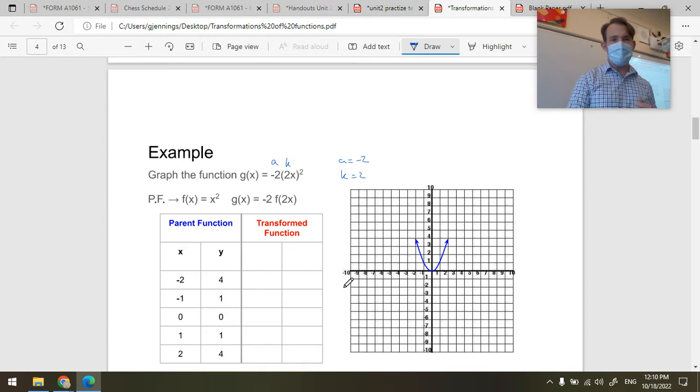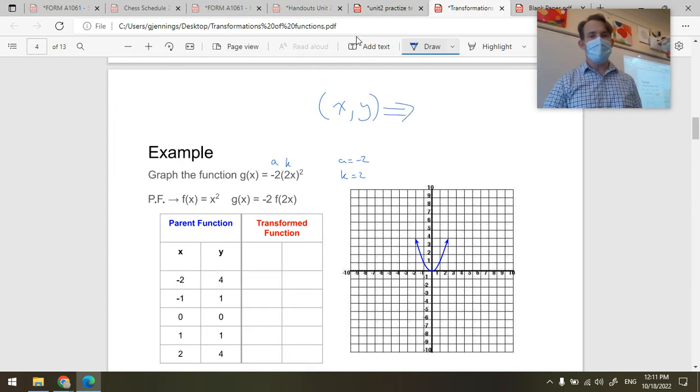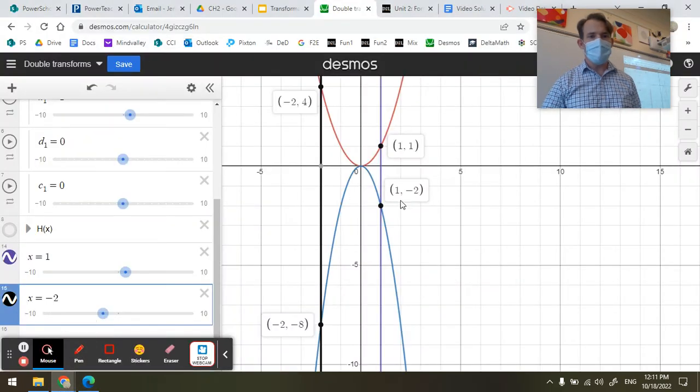When I have a point (x, y) in my parent function and I want to find the point in the transformed function, I take my a value and multiply all of my outputs by negative 2. That's what we were seeing in this Desmos graph.